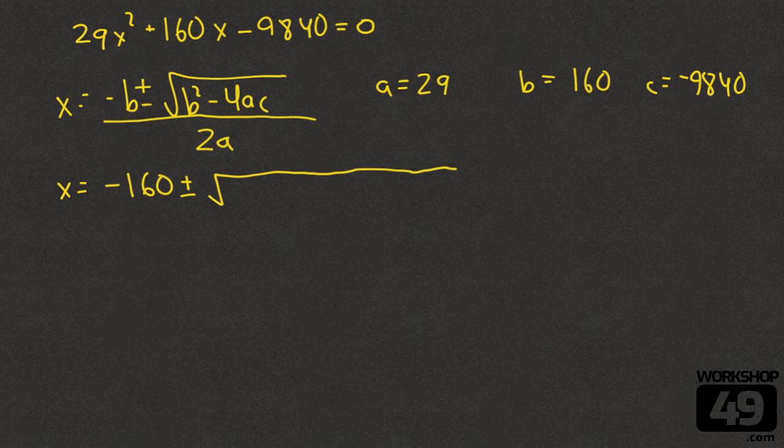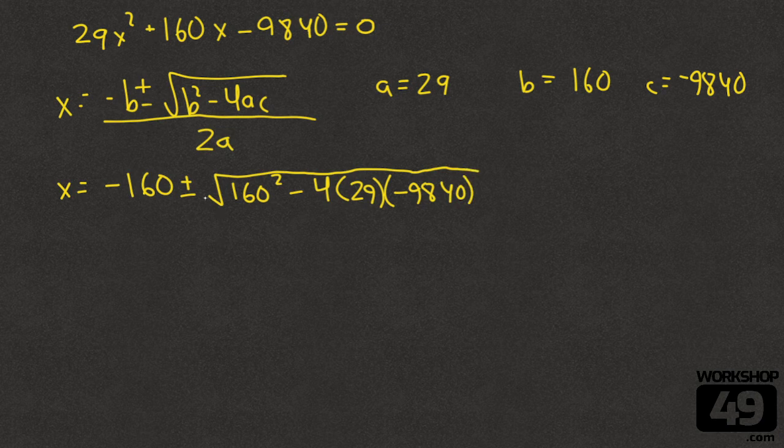I better make this big. b squared, so 160 squared, minus 4 times our a value, 29, times our c value, negative 9,840.